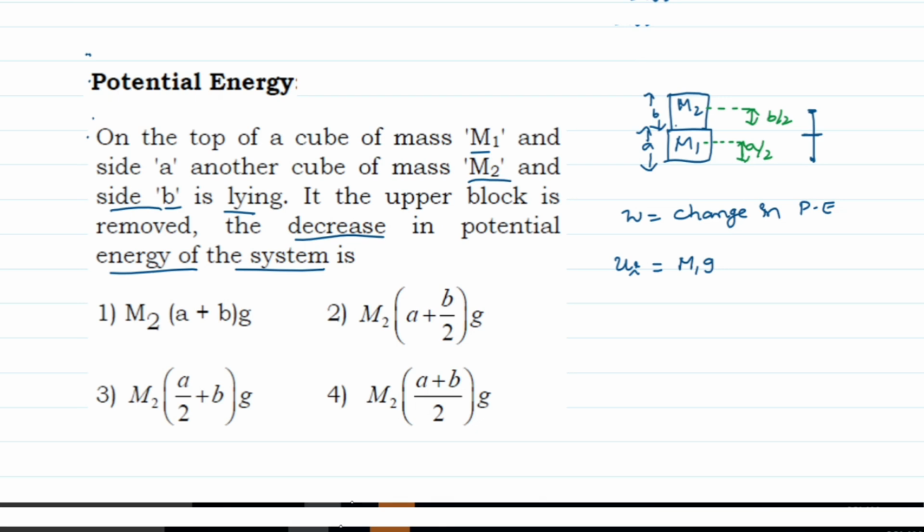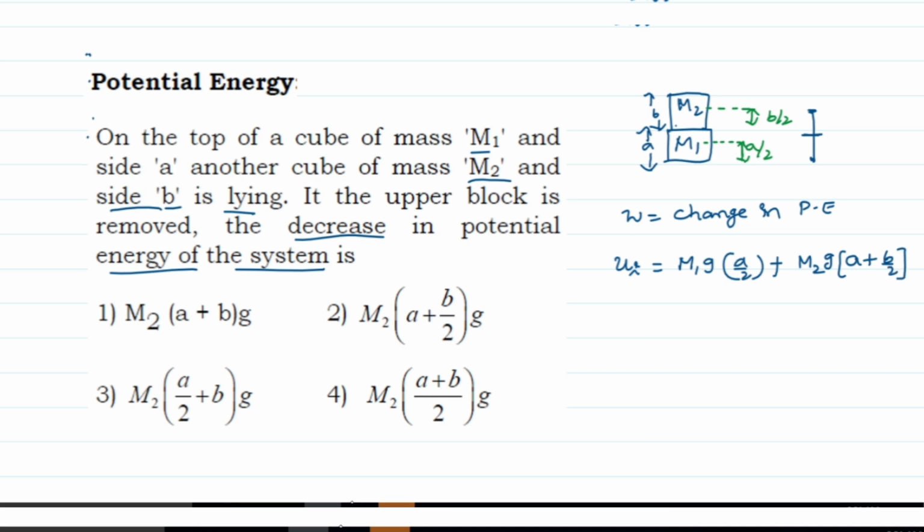For the first body, it is at A by 2 distance, and for the second body, m2 into g into, this is A plus B by 2.